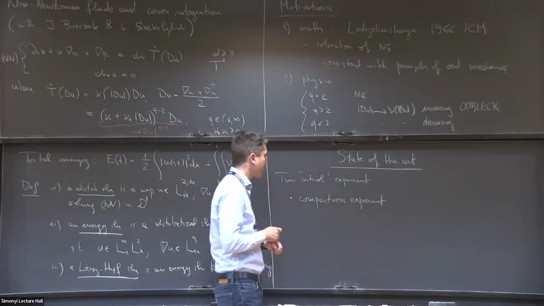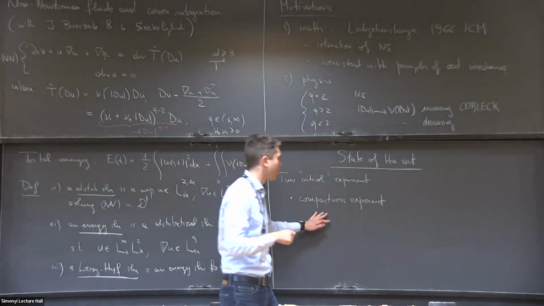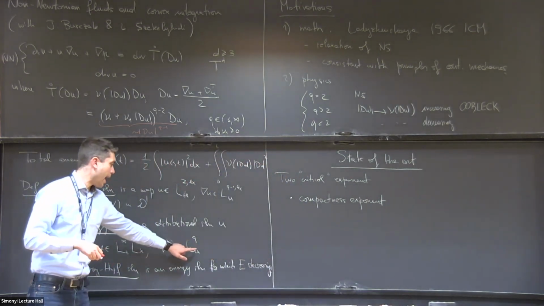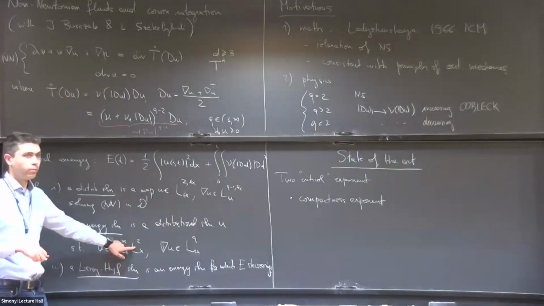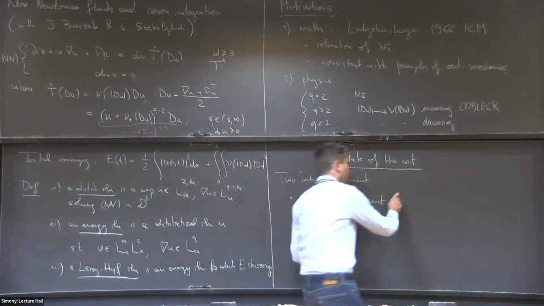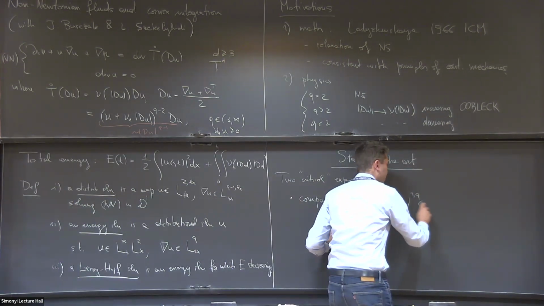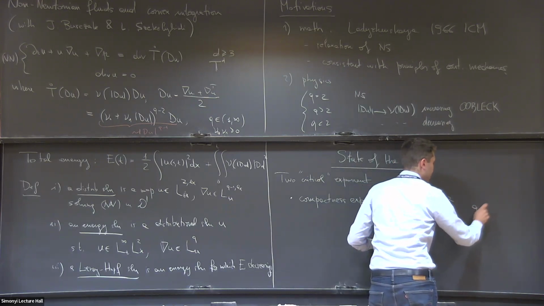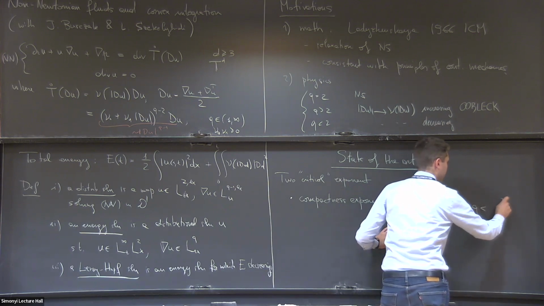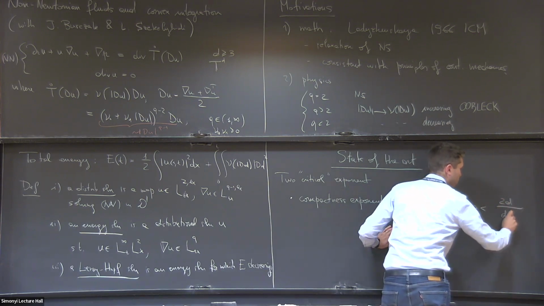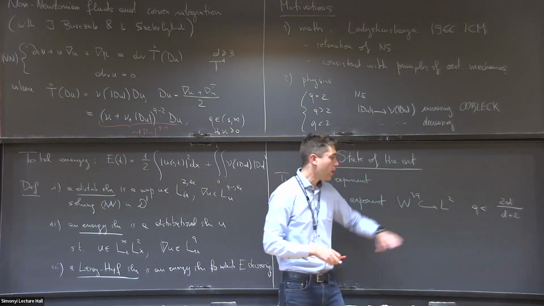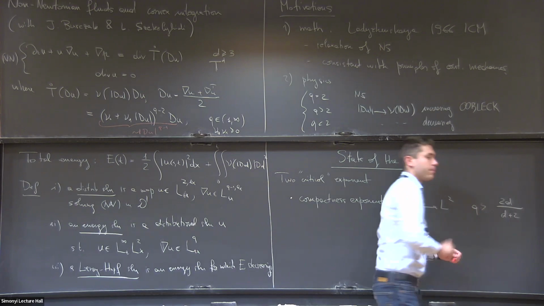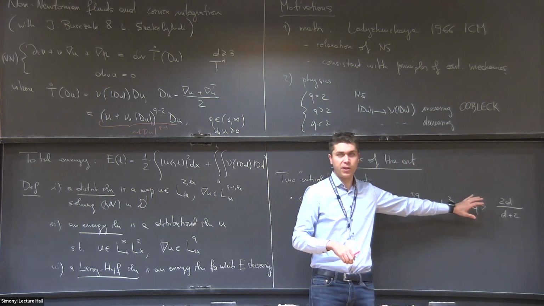This compactness exponent is essentially the exponent for which the space W1Q embeds compactly into L2. So W1Q embeds into L2 compactly if Q is bigger than 2D divided by D plus 2, where D is the dimension. This is what I will call the compactness exponent.